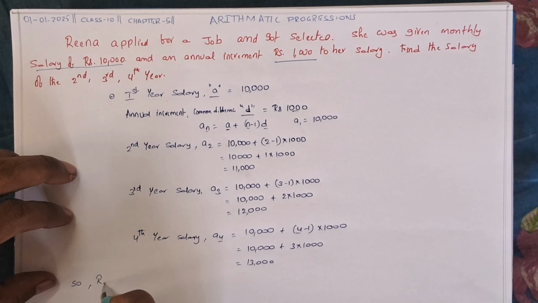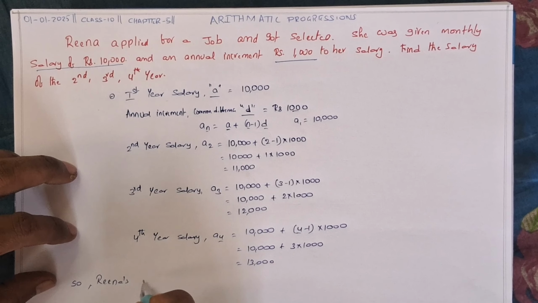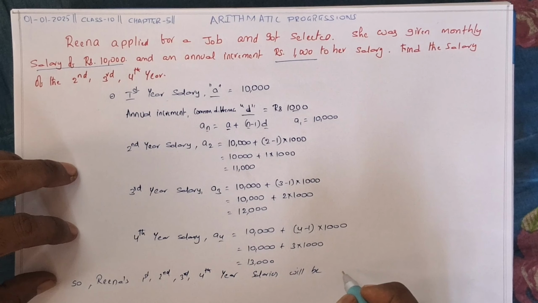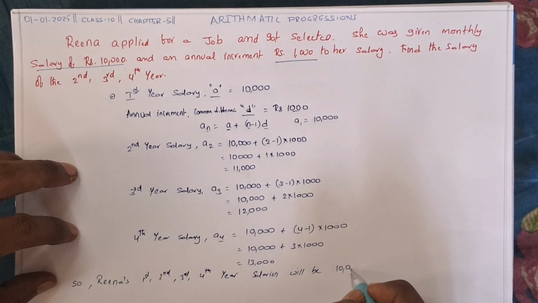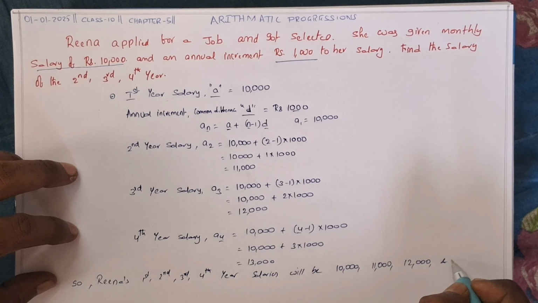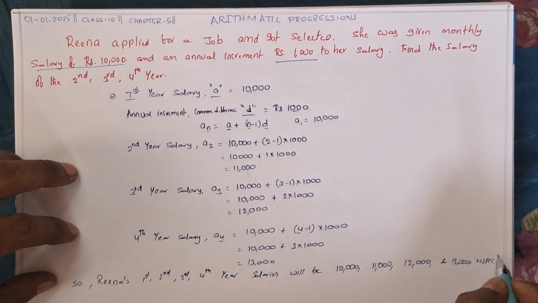So Reena's first, second, third, fourth year salaries will be 10,000, 11,000, 12,000 and 13,000 respectively.